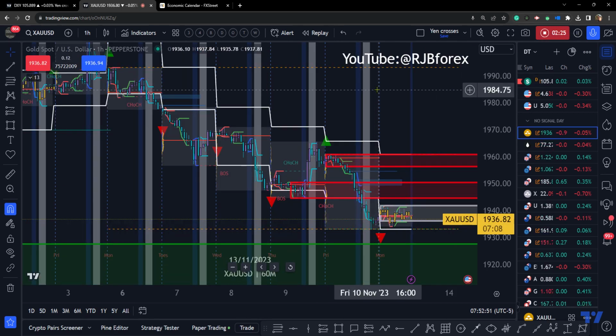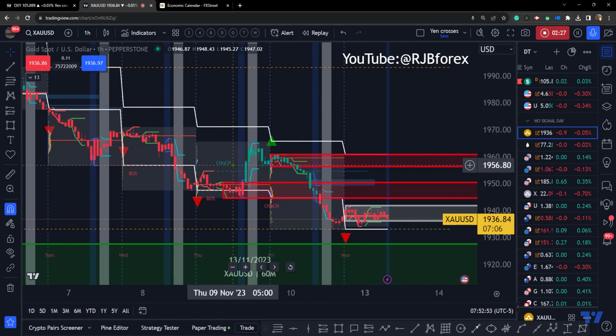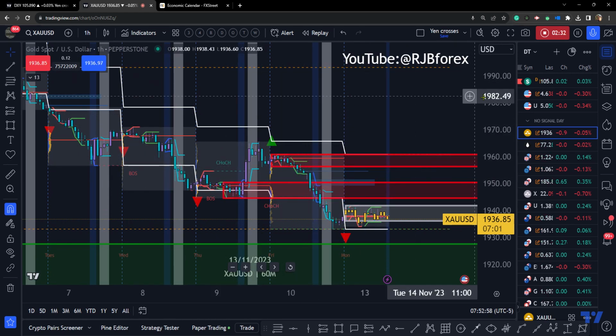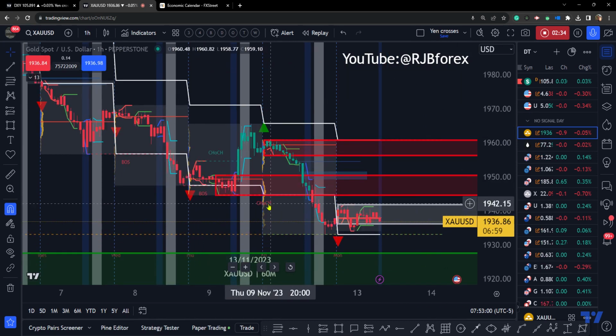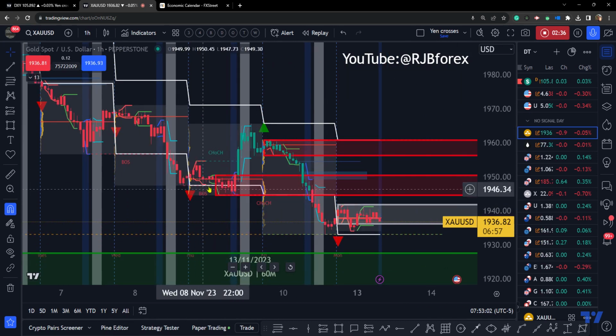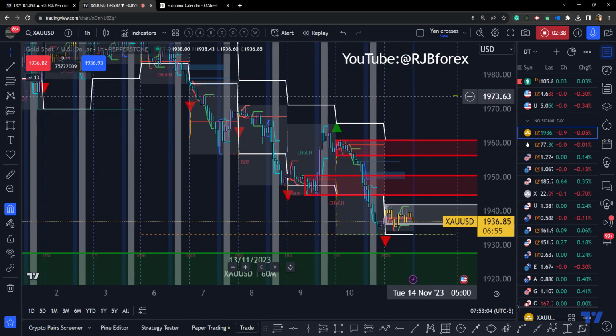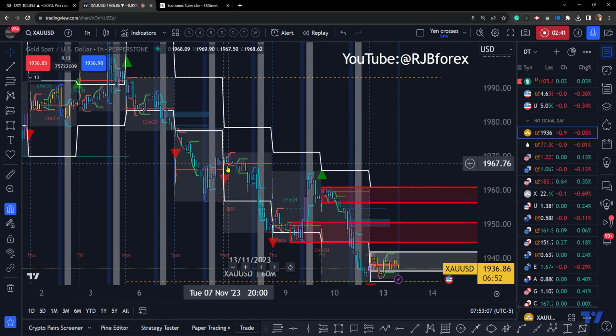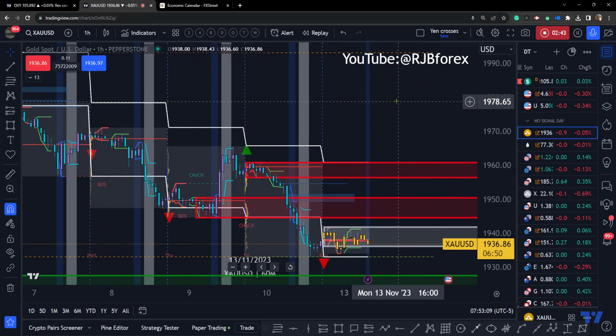Now, it's worth noting that on Thursday, the market closed bullish, but on Friday, well, it made a lower low on the Thursday and a lower high, but it still closed bullish compared to a series of lower closes earlier in the week.